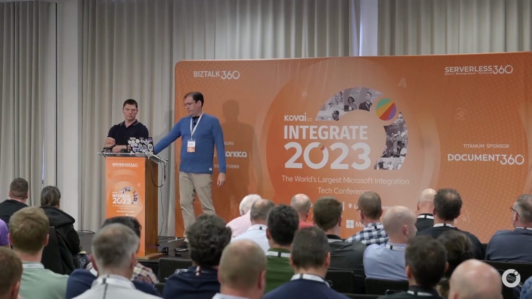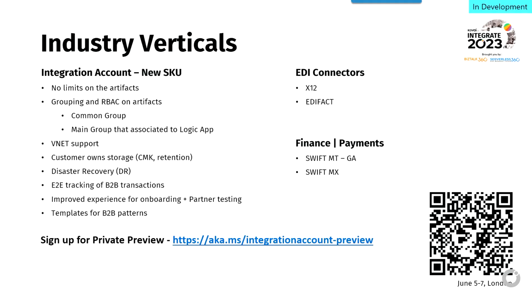Cool. The next item that we're going to focus on is the industry verticals. What we have in the roadmap here, the main one, is the revamping of the integration account. We take into consideration a lot of the feedback that we get from customers. We have limits on the integration account, on the message size.